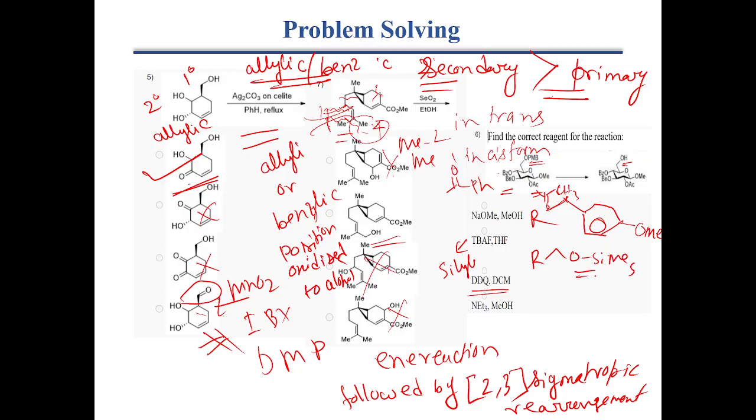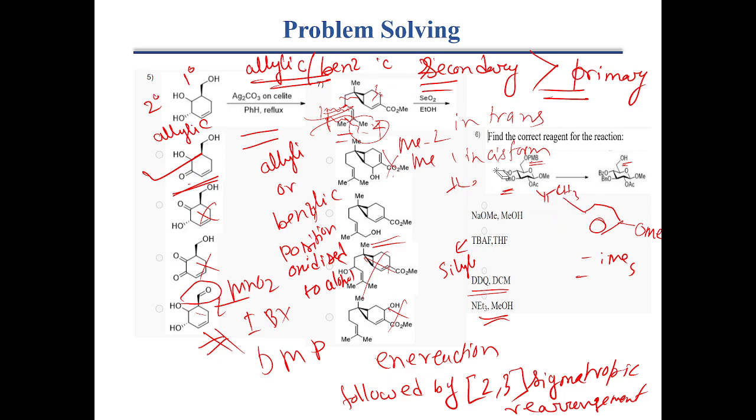So silyl is deprotected by TBAF. Triethylamine is a base. So DDQ is the correct answer. But if we see carefully, the benzyl group remains as such, but the PMB group is deprotected.